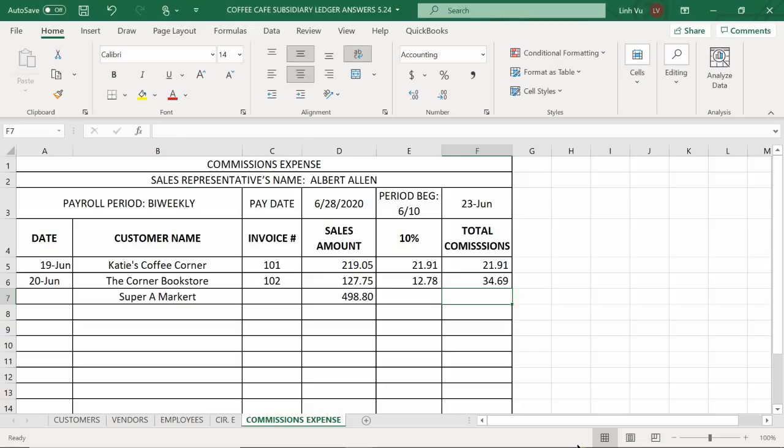So we did the journal, we did the subsidiary, we did the ledger. One more.